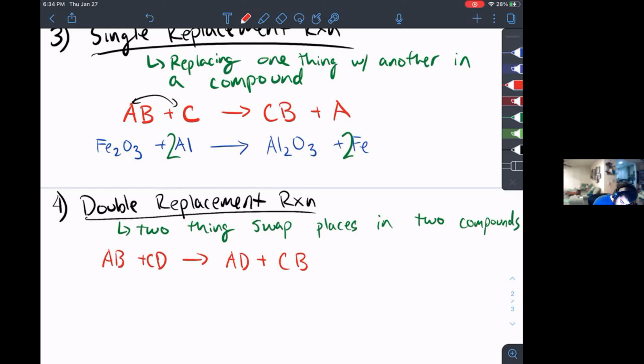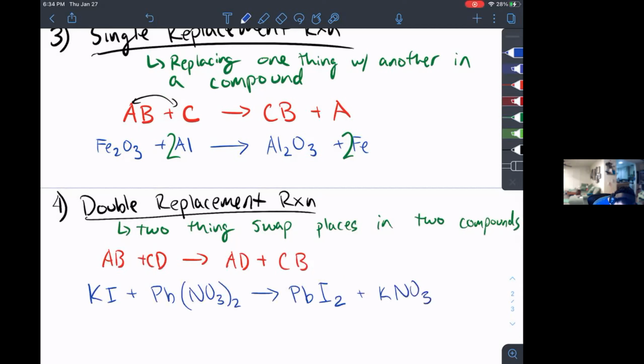So a good reaction to kind of example this could be potassium iodide, KI, plus PbNO3 reacts to form PbI2 plus KNO3. And I'll go ahead and balance that one again very quickly.